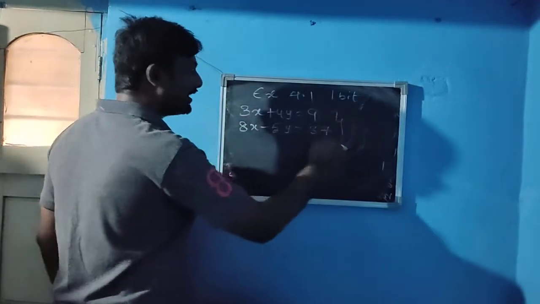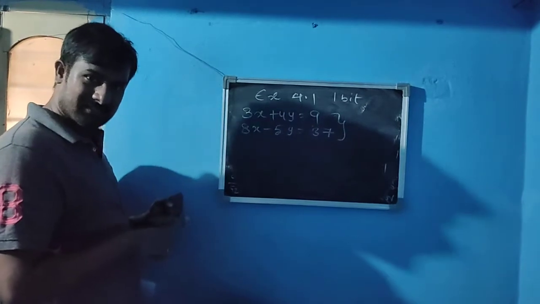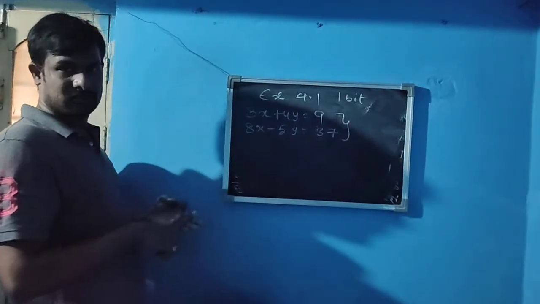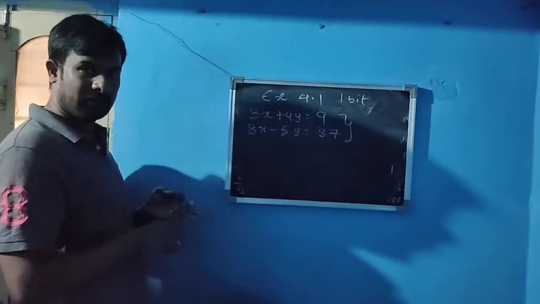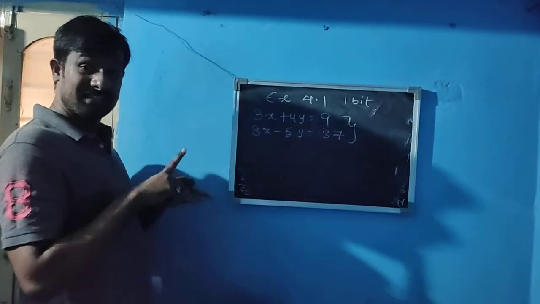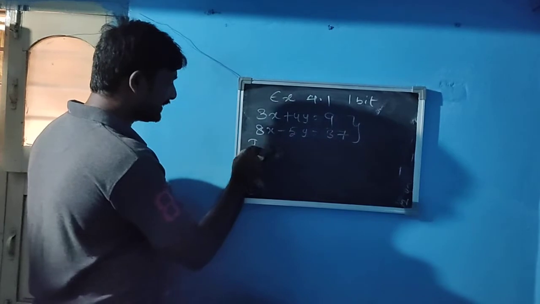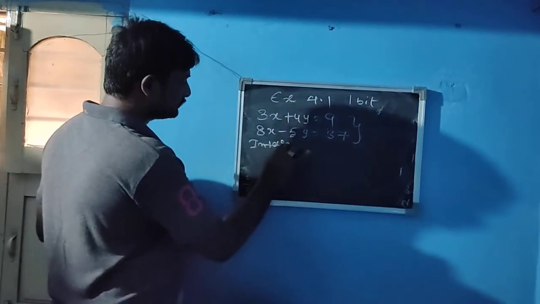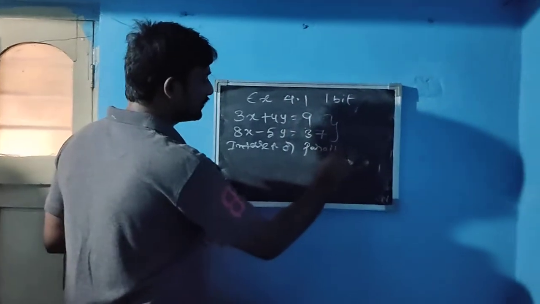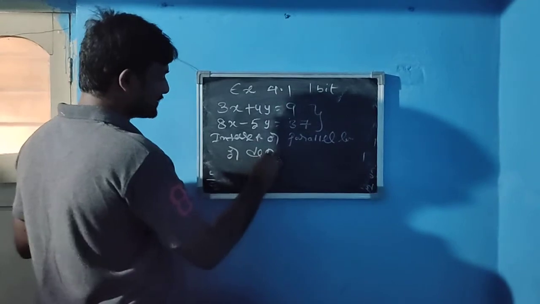These lines represent parallel lines or intersecting lines or dependent lines. Did you understand the question, everyone? You are given the pair of linear equations. These represent intersecting lines, or parallel lines, or dependent lines.